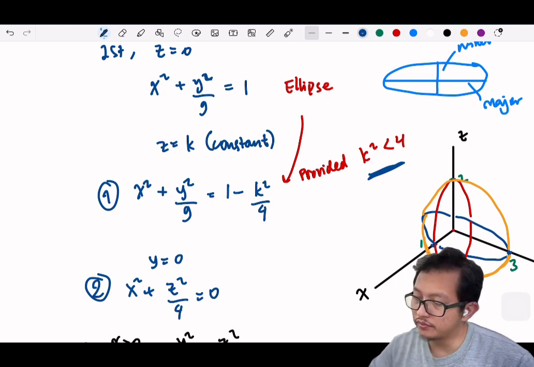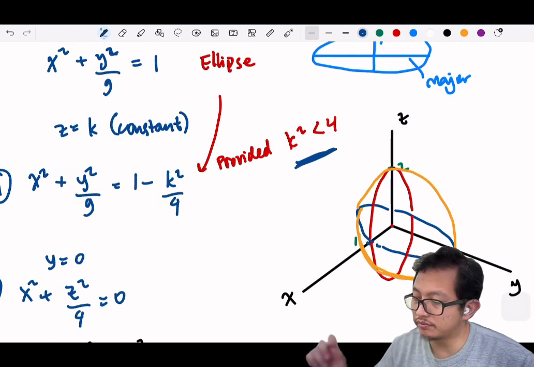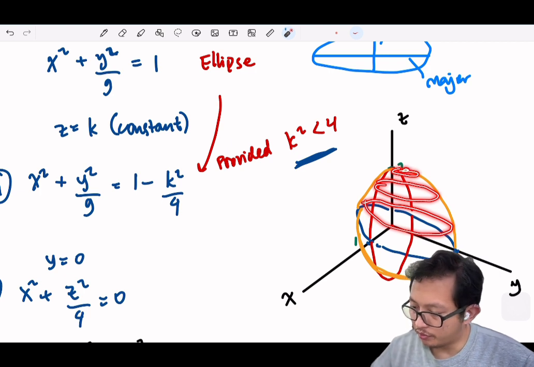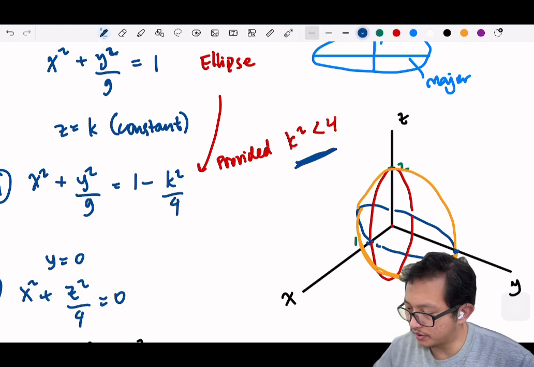Now, of course, if you see the example here, we have some constant k that depends on this. Let me just write here. Whenever we have k in between, it means that it will be having this many ellipses.